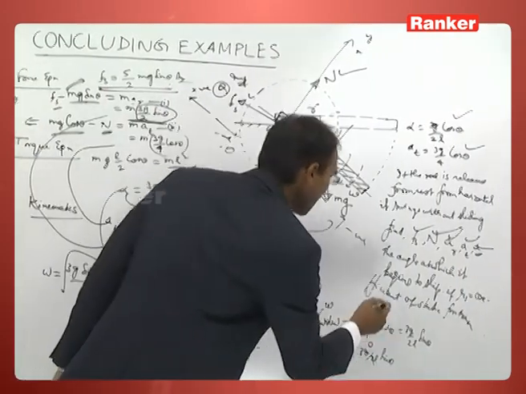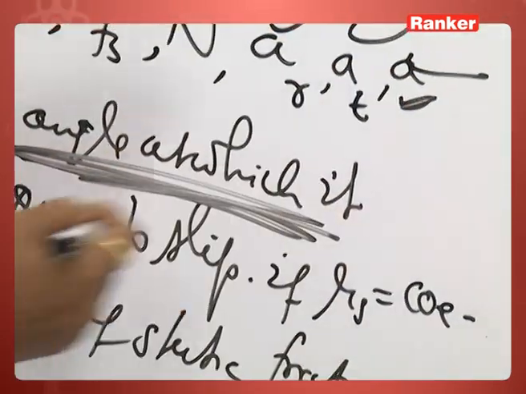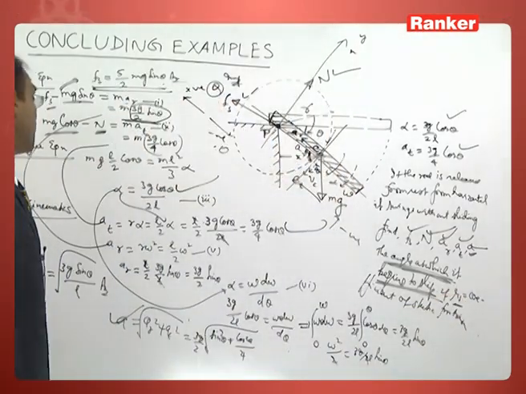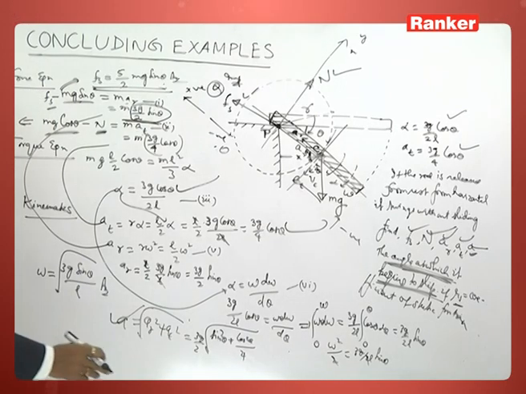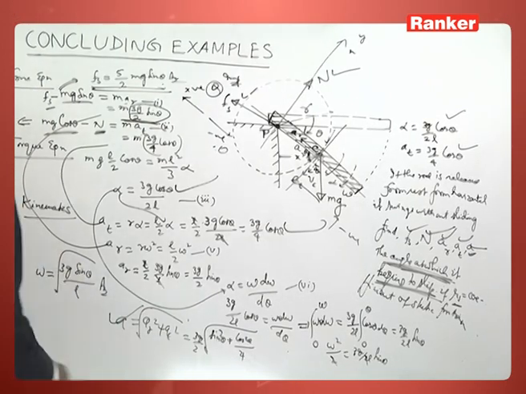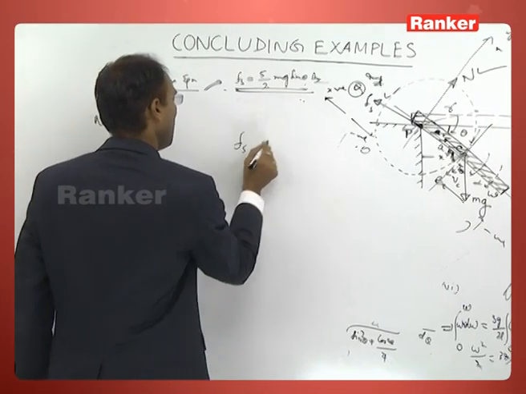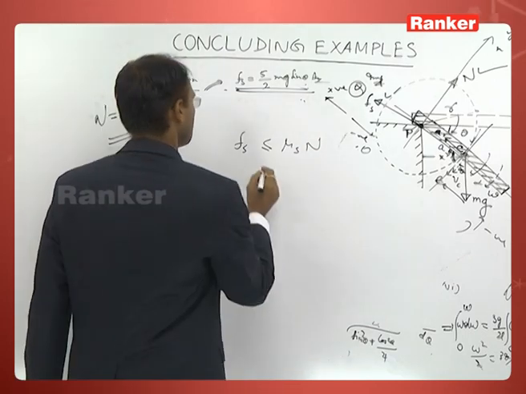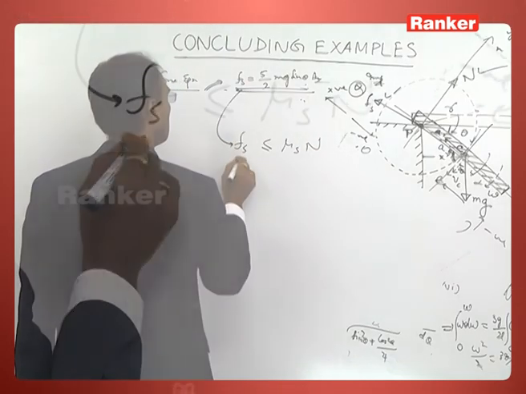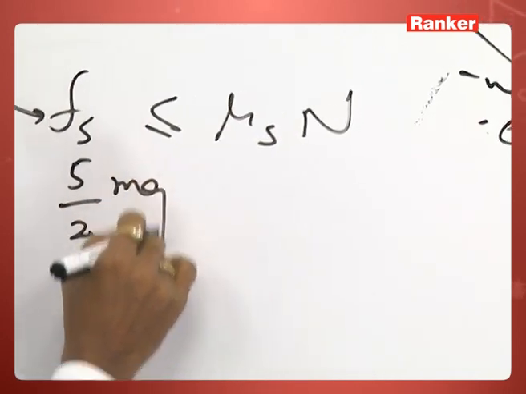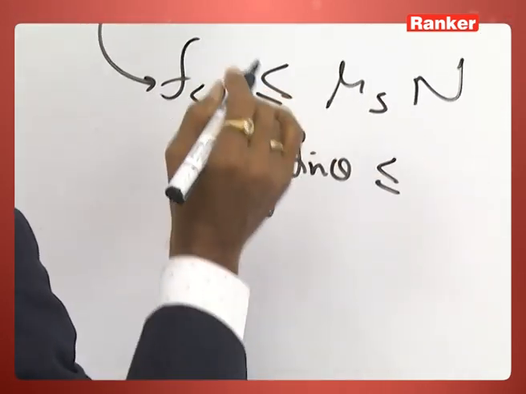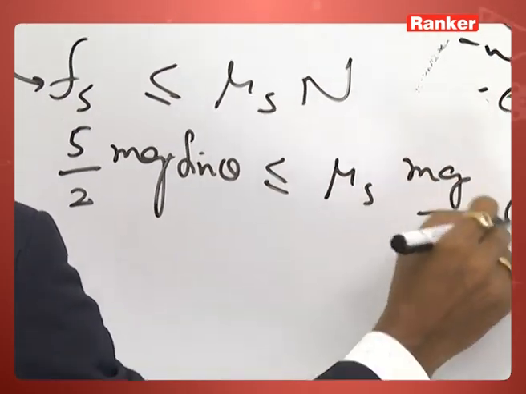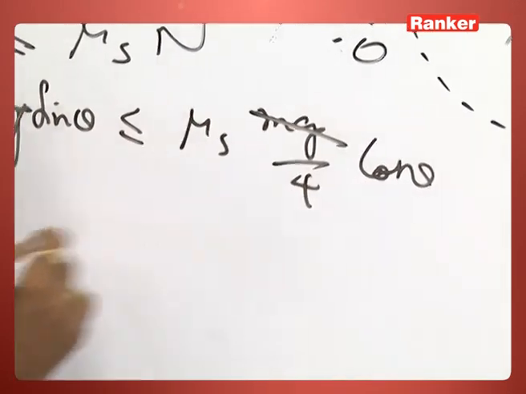But we need to calculate the angle at which it begins to slip for a given value of mu s. That's very interesting. For that we need to write the law of static friction, which states that Fs is less than or equal to mu s into N. So Fs you have got, 5 by 2 mg sin theta is less than or equal to mu s into N, mg by 4 cos theta, and mg is getting cancelled.